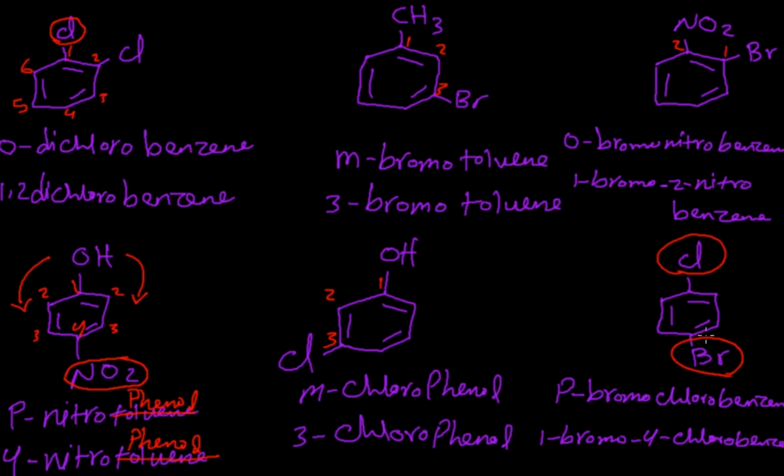Then you start with whichever comes alphabetically first. You start with bromine, then this should be 1, 2, 3, 4. Then you have para-bromochlorobenzene, or 1-bromo-4-chlorobenzene. And that's it. I hope you enjoyed the video. Thank you for watching, and see you in the next video.